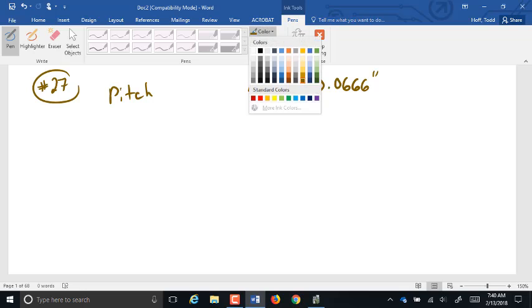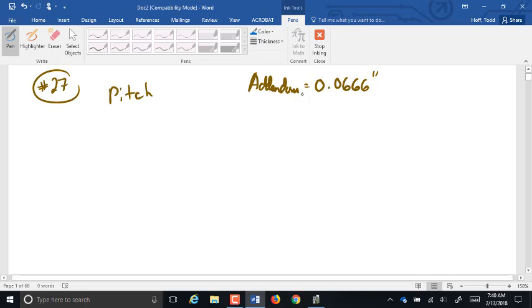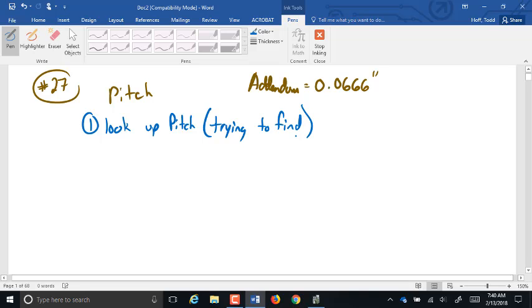So step 1 is to look up the pitch. More specifically, the pitch is what we're trying to find. And we look up the pitch, none of our formulas for pitch have anything about the addendum in there. We've got number of teeth and diameter, and we've got circular pitch. Nothing about the addendum in there.